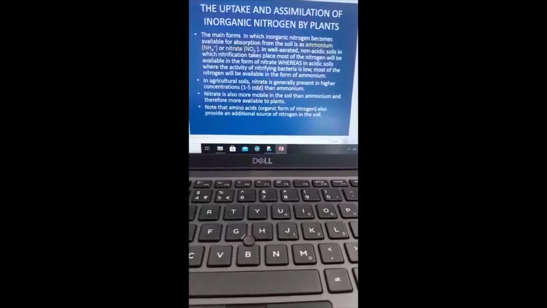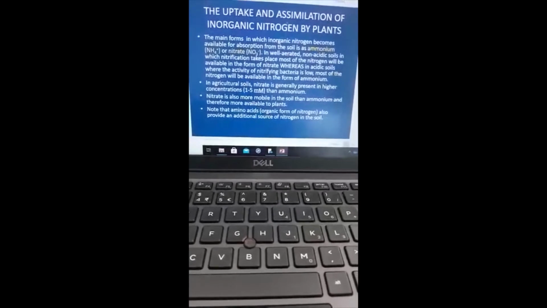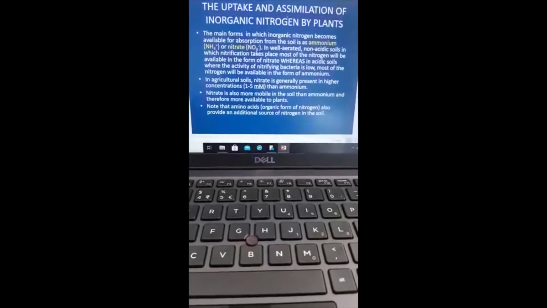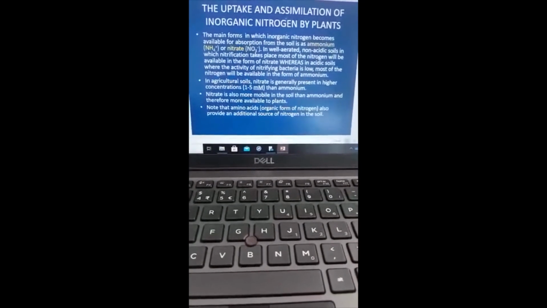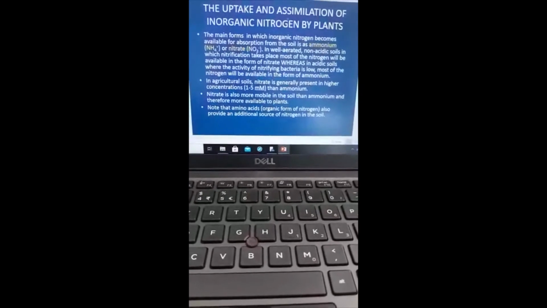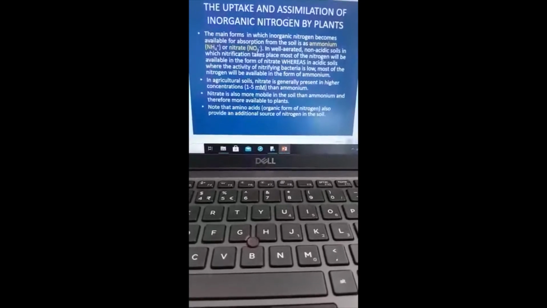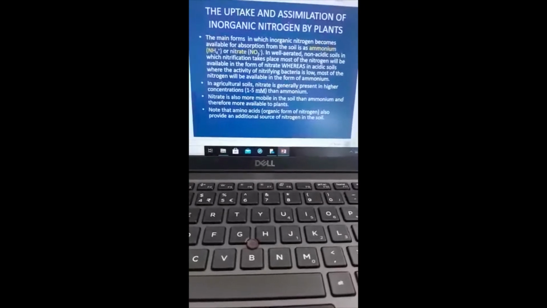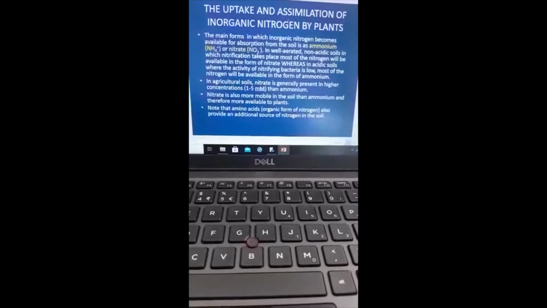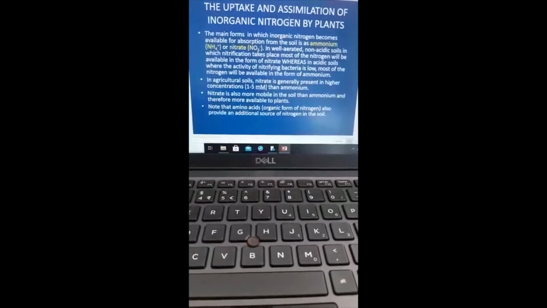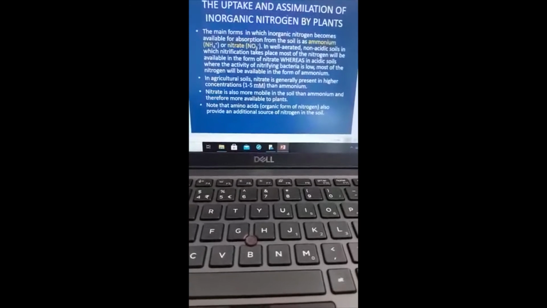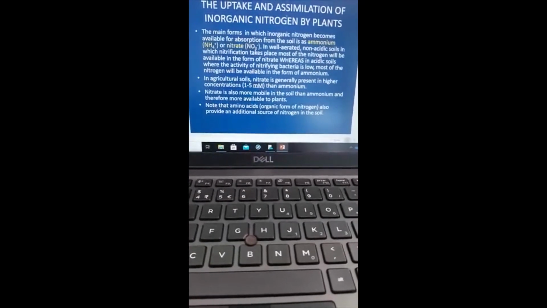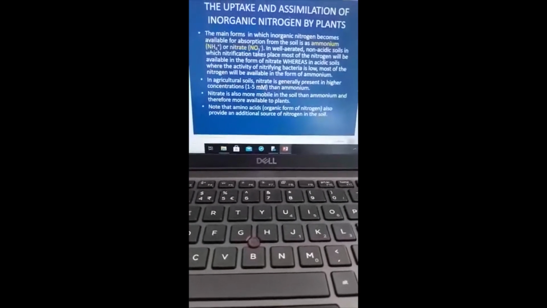Remember, the process of nitrogen fixation contributes towards the cycling of nitrogen in nature, in the sense that the nitrogen that would have been lost into the atmosphere, mainly through volatilization, but mainly through the denitrification process, can be accessed back and brought back into the cycle only by those plants that are able to fix the nitrogen gas in the atmosphere, because they make an association with nitrogen fixing bacteria.